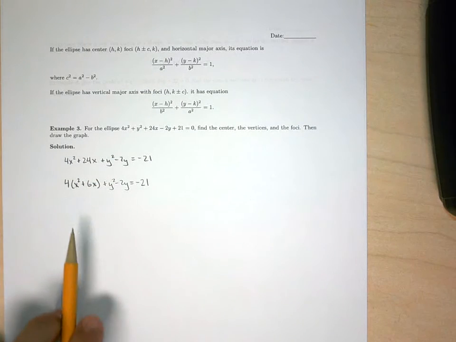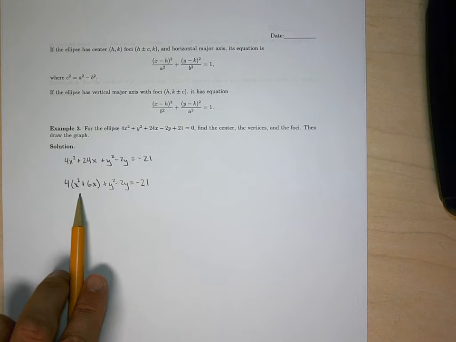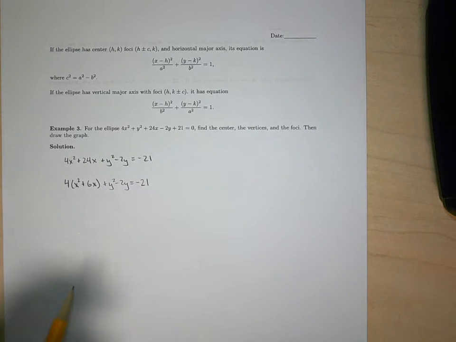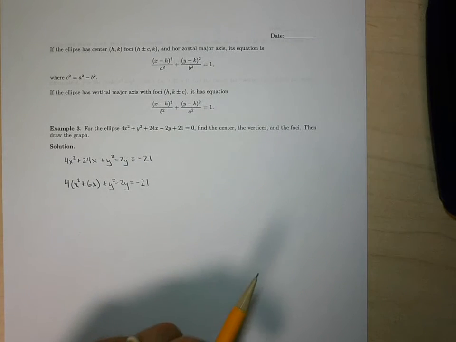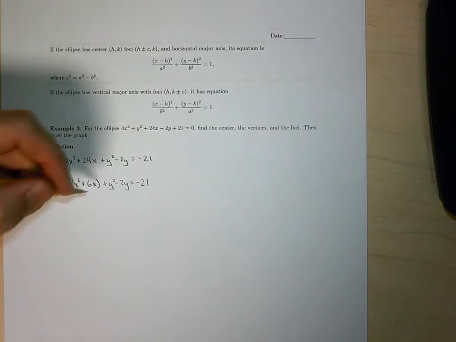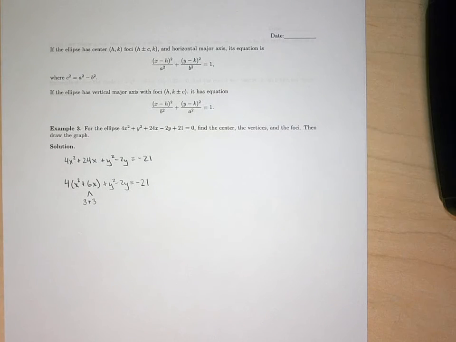And we can see it's not like I've cheated here. If I take 4 out, this still says 4x squared plus 24x. So it's still the same as what I had before. Now we need to create perfect squares. Let's remember that to complete the square, we're going to break up these numbers into 2 equal pairs.